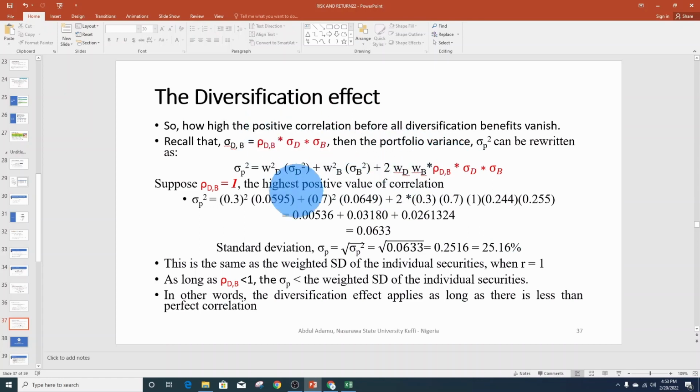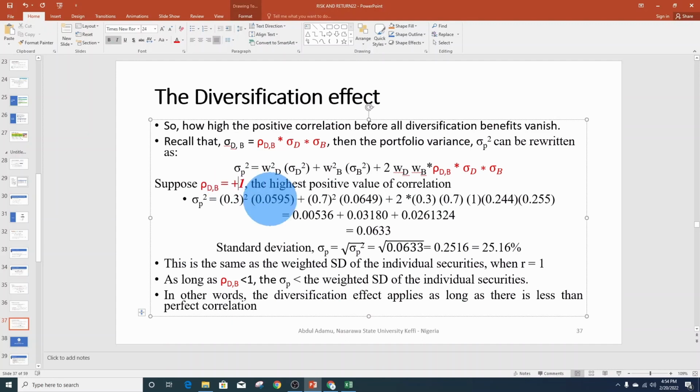So assuming the correlation coefficient is equal to +1, that is the highest value of correlation. So if we substitute with those values that we have done earlier, we substitute in the variance. So once we substitute 3%, this is the variance like that. But when we come here, this times this is the correlation coefficient. So that is the +1 here.